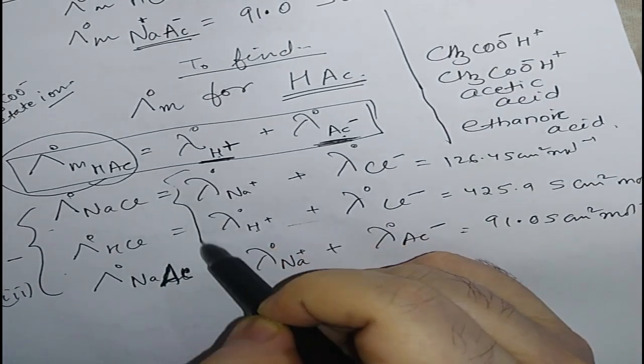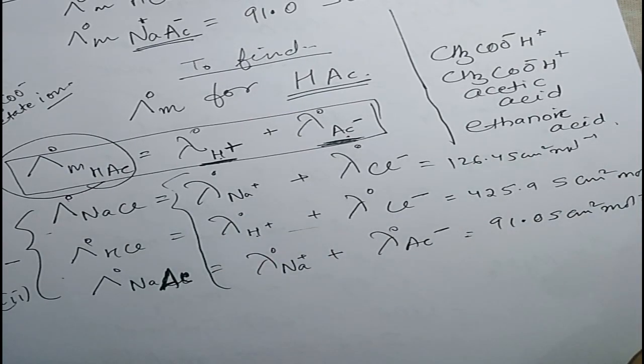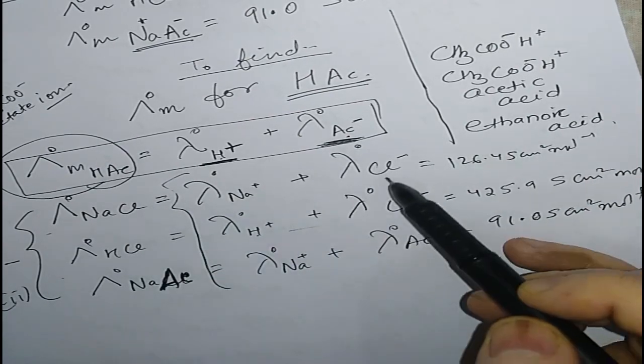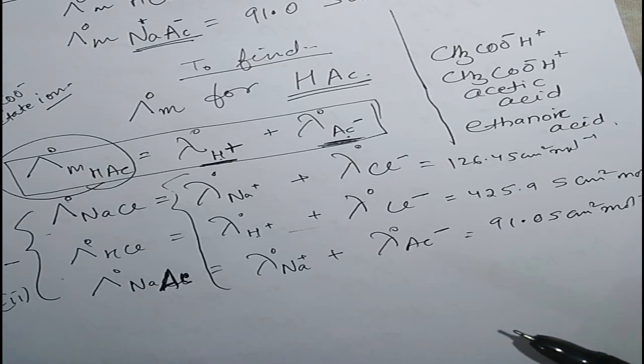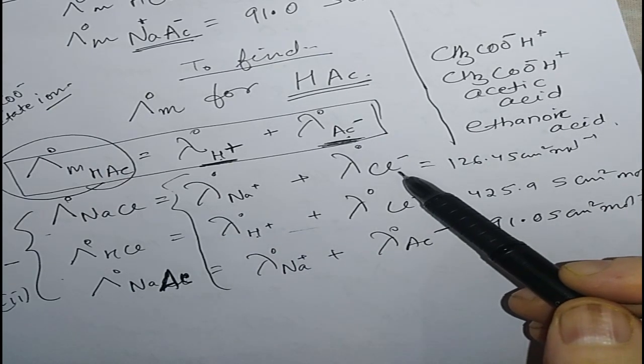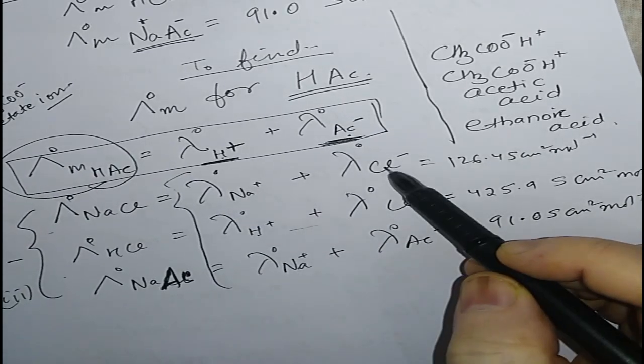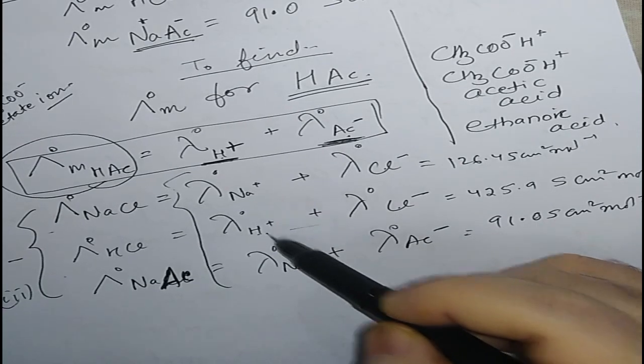In this equation we don't require Na anywhere. In this equation we don't require Cl anywhere. So if we subtract this from these two, this Na will cancel this and this Cl will cancel this, and we will be left with this much.